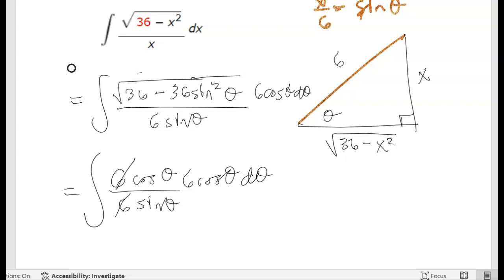And then what am I left with after the trig substitution? I end up with a 6 cosine squared over sine. I'm sorry, cosine squared over sine.